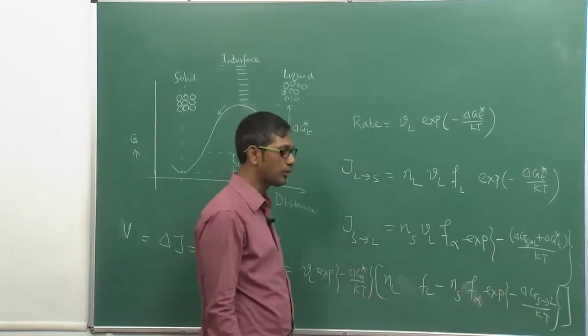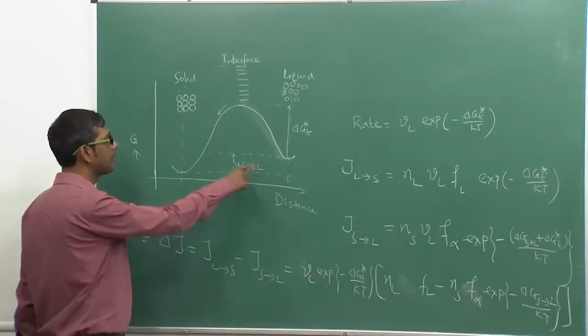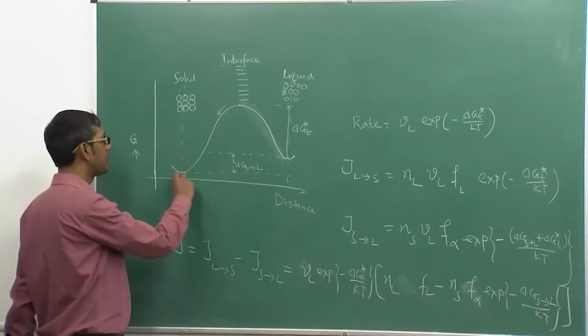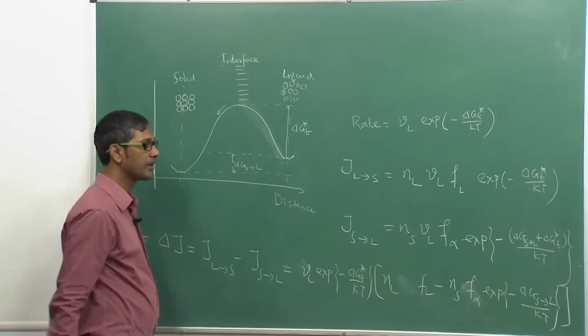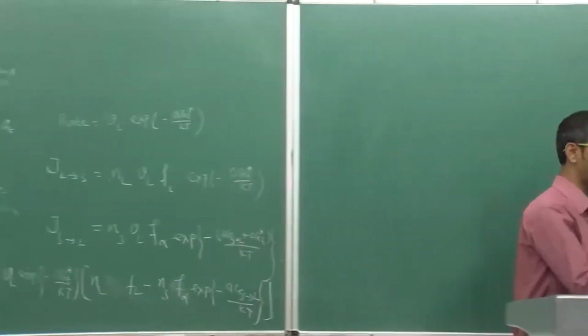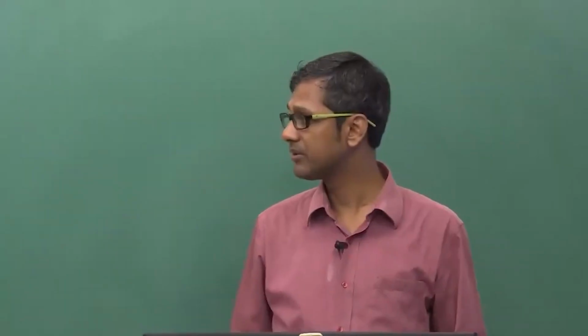Also on the solid to liquid side we have an exponential term related to this part, that is the difference of energies between solid and liquid. Well, we will keep this equation intact and discuss further, because it requires some more discussion. We will do that.